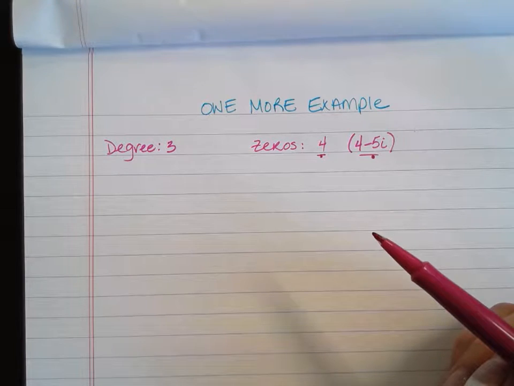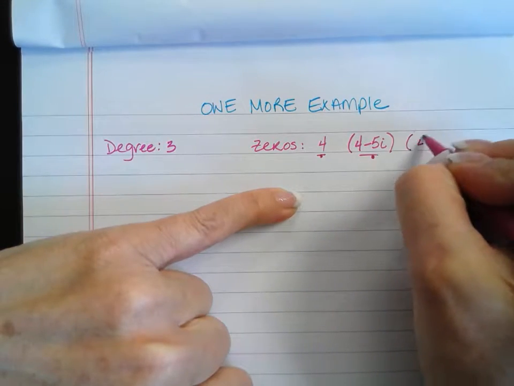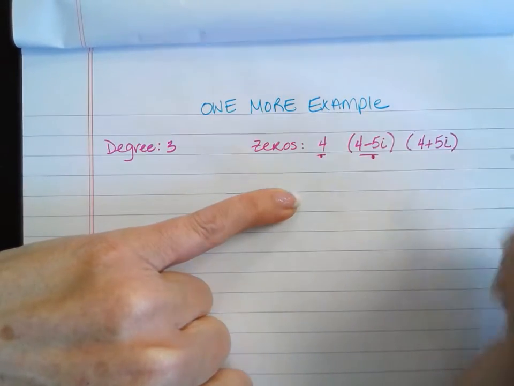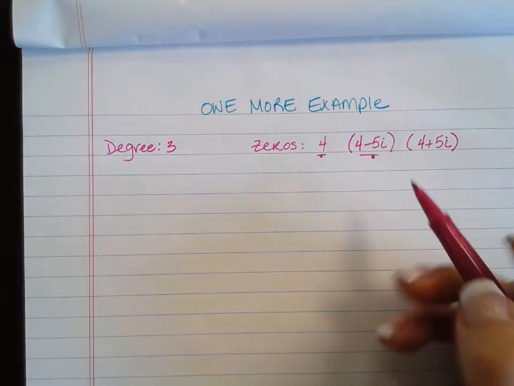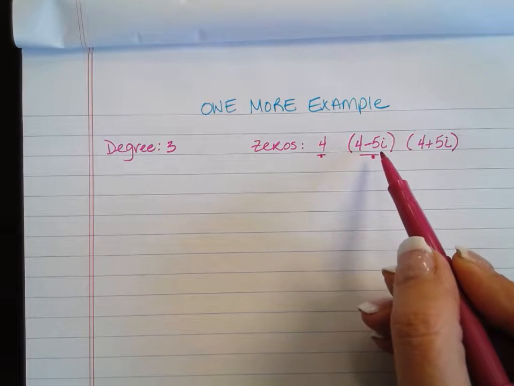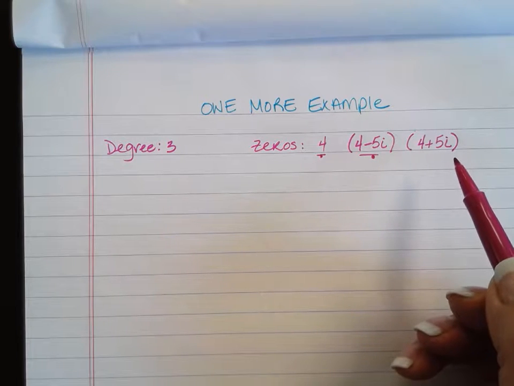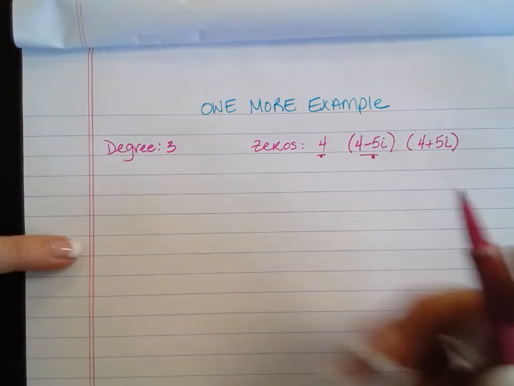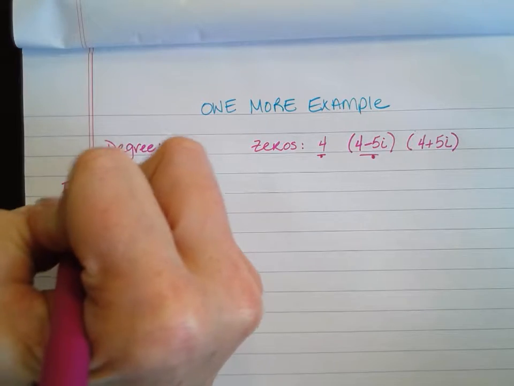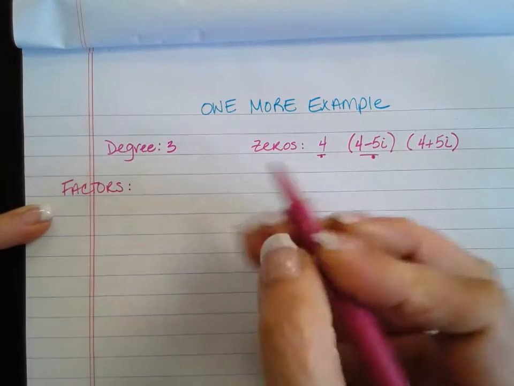Anybody? I also have 4 plus 5i because the conjugate theorem says that if you have a negative imaginary number, you also get the positive. Yes? Yes. All right, so here are my factors.